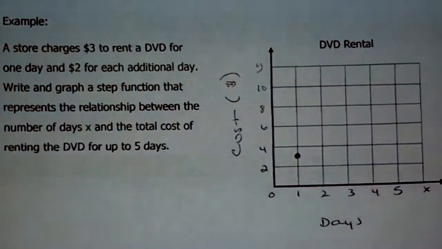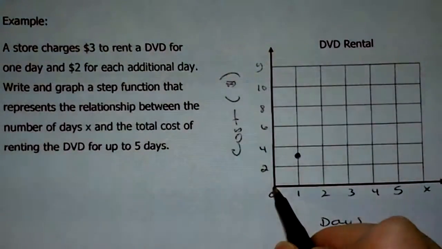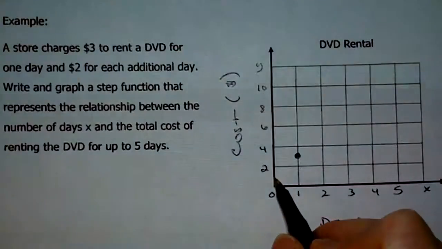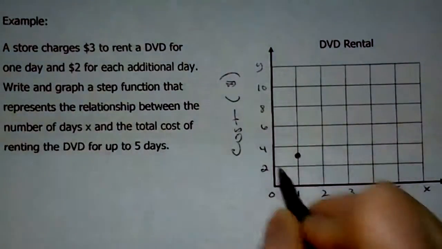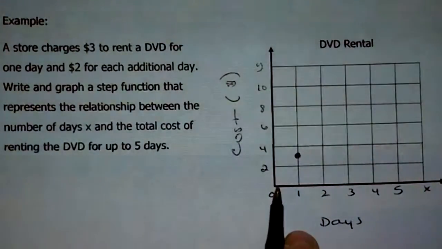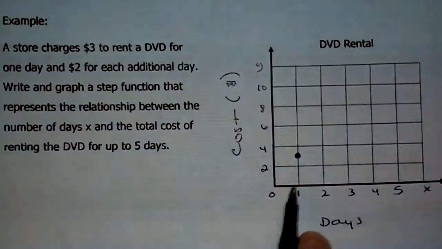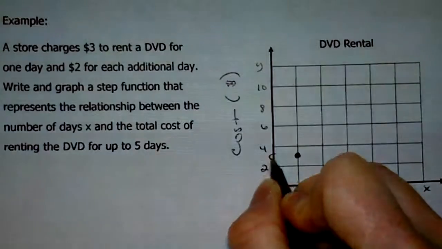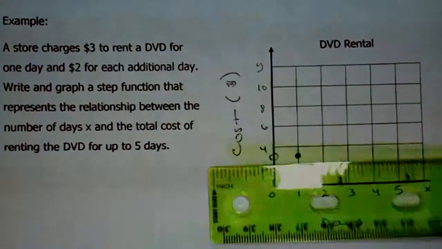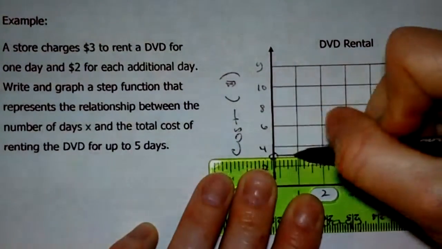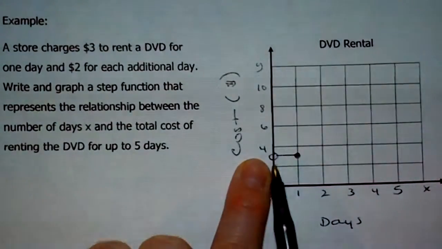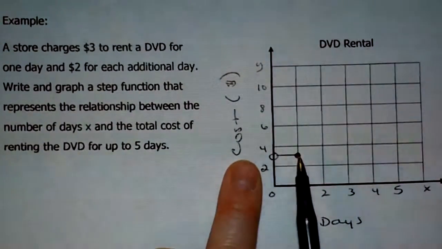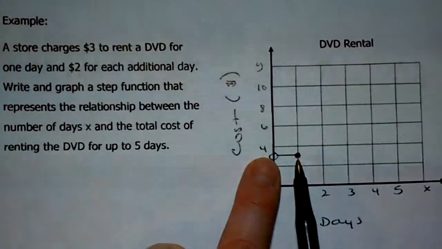Yeah, you can. Is it possible to rent a movie for 0 days? No. So this is where it gets kind of strange. I can have the movie for anything more than 0. So between 0 and 1 day, it costs me $3. I'm going to make an open circle here at the 3 and connect these. And this shows between 0 and 1 days that I'm going to pay $3.